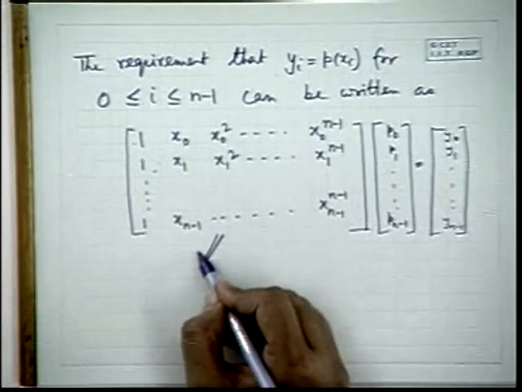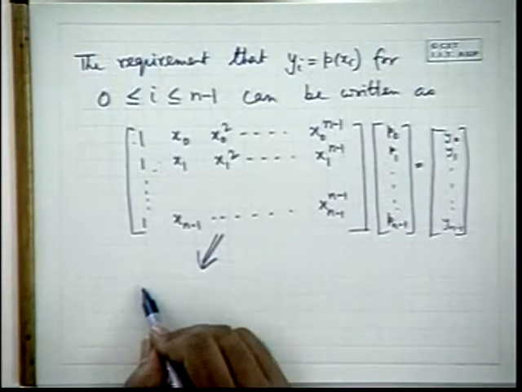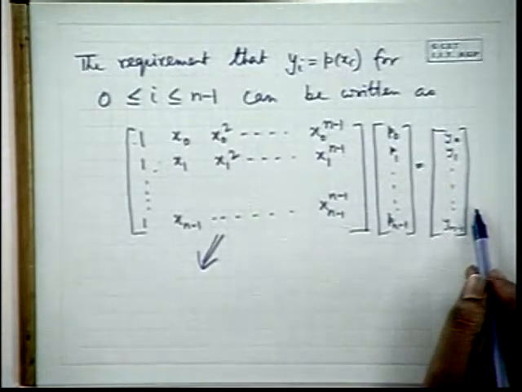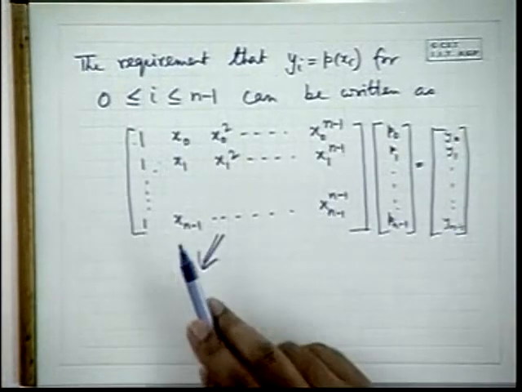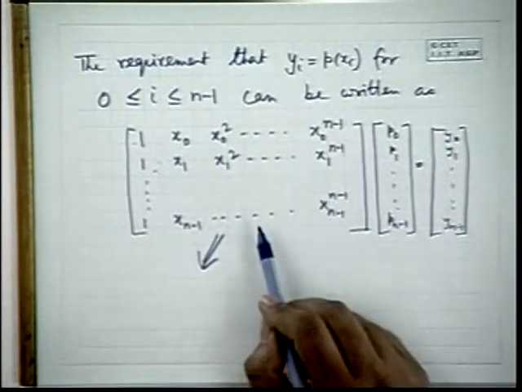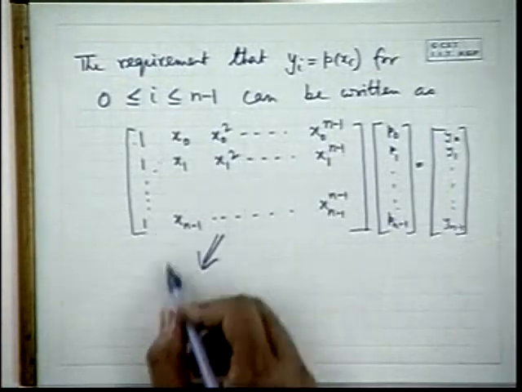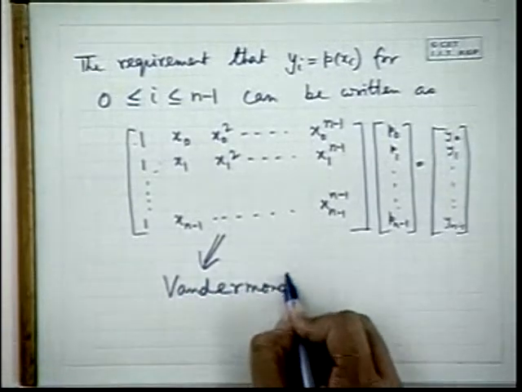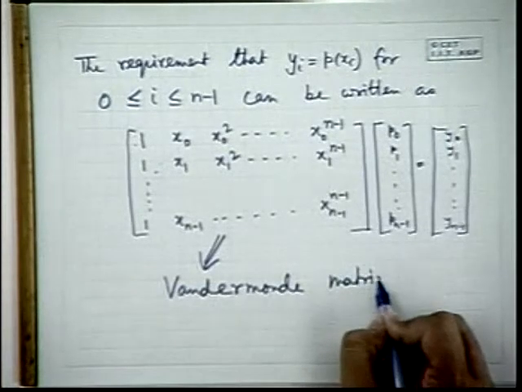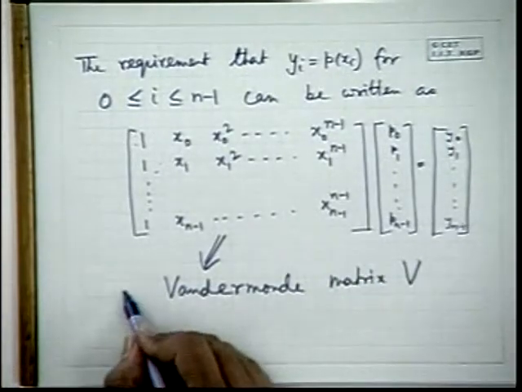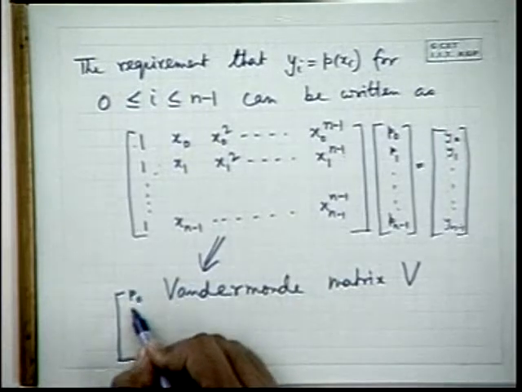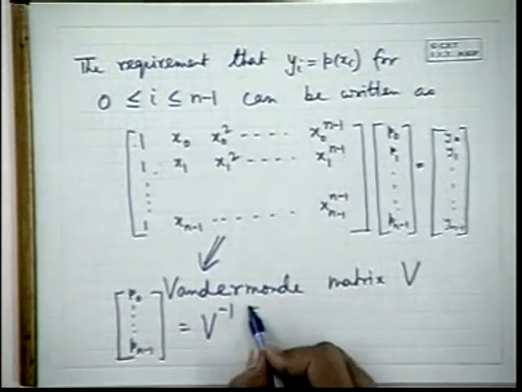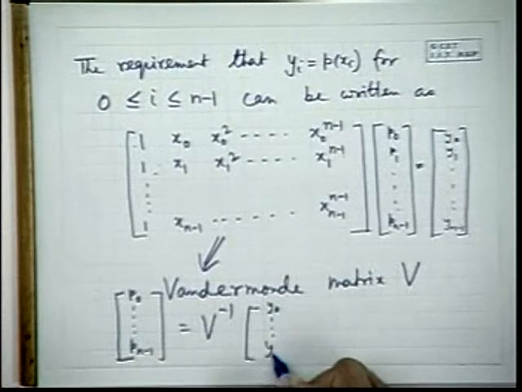Now, if the determinant of this matrix is not 0, then this has a unique solution. And if xi is not equal to xj, the determinant will not be 0. This particular matrix is called the Vandermonde matrix, which we will call V. We are trying to compute the vector p0 to pn minus 1, which is nothing but V inverse times y0 up to yn minus 1.